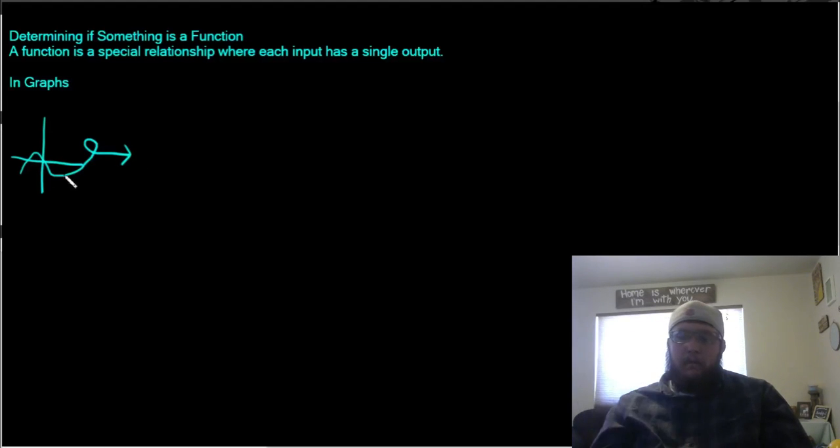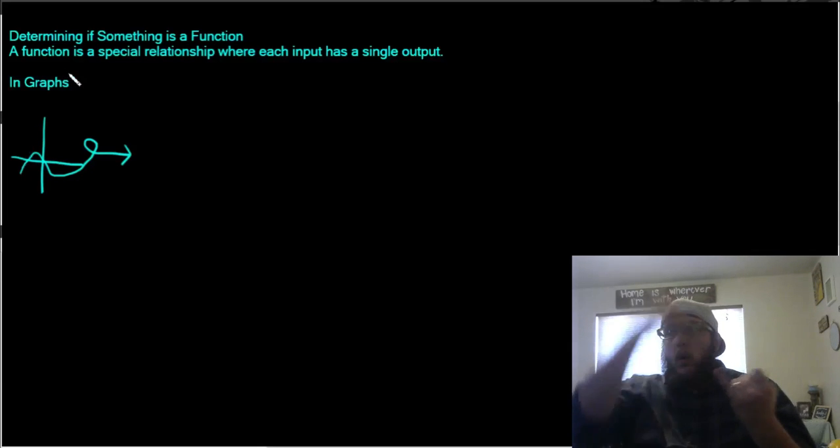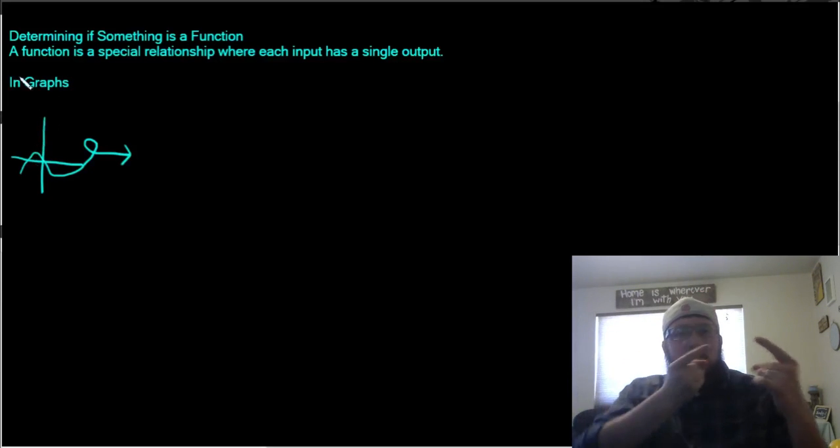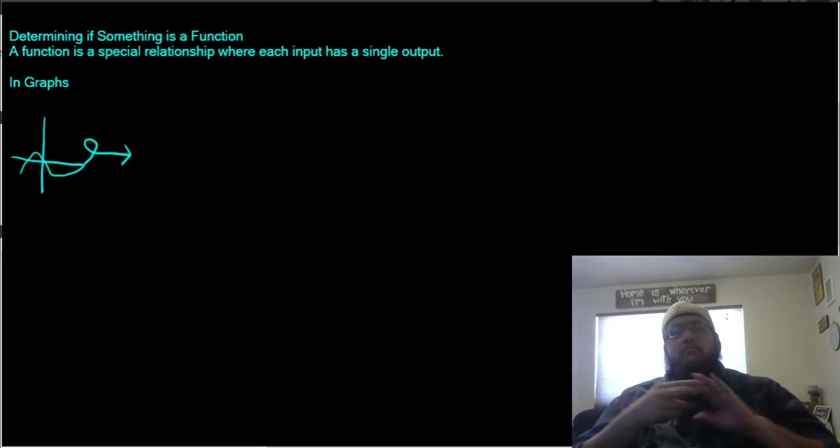So in this case, with graphs, you can do the vertical line test. You would take a line and you would draw it straight down. And if it only intersects with the graph one time, that would indicate that it is a function. But remember, that has to be true at all intervals of the function.